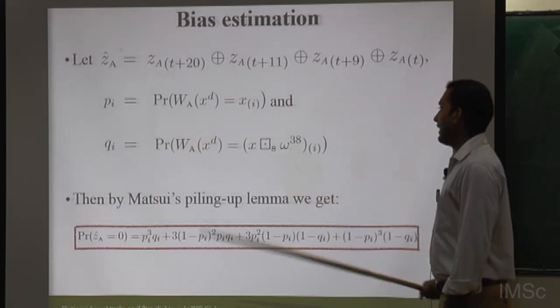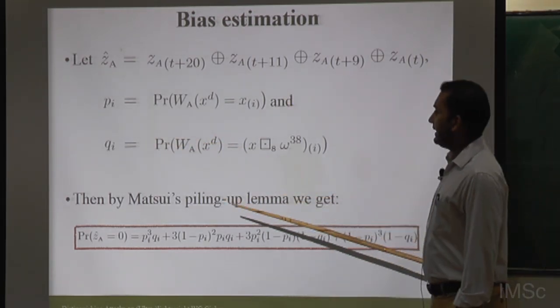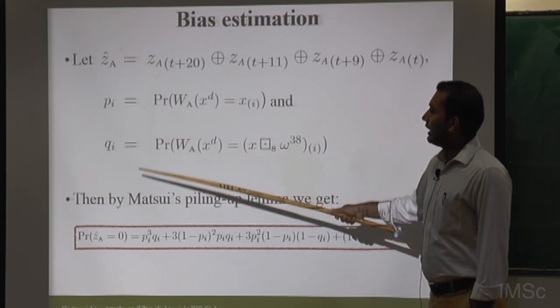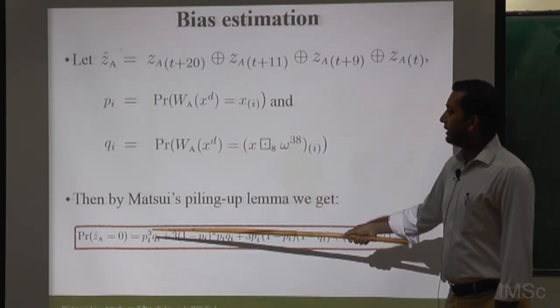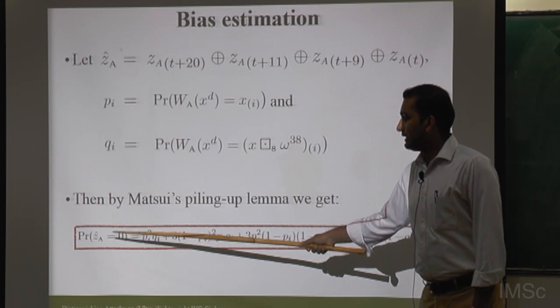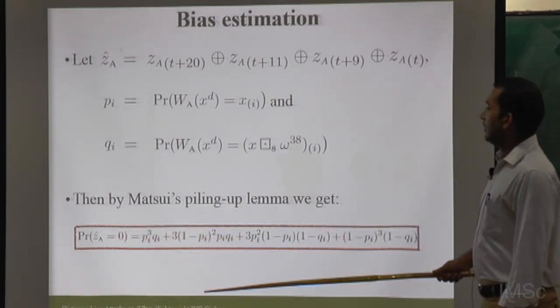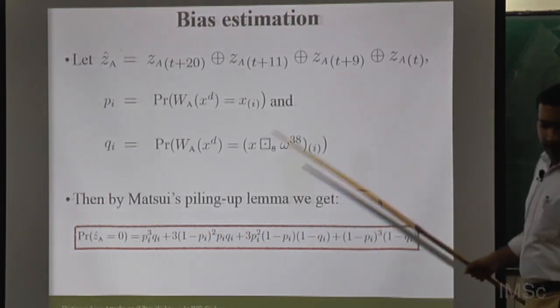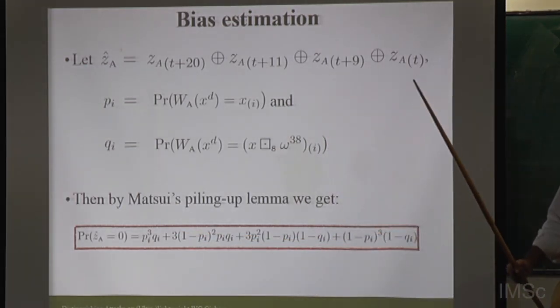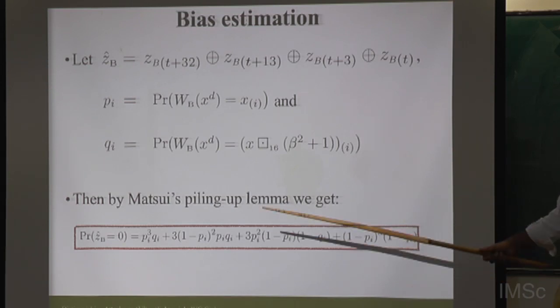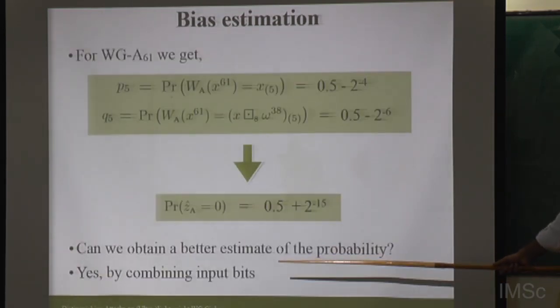Then by Matsui's piling up lemma, we can compute the probability that Z cap A equals 0, that is, the probability that the sample is equal to 0. That is given by this equation. Similarly, we can compute the same for WGB.